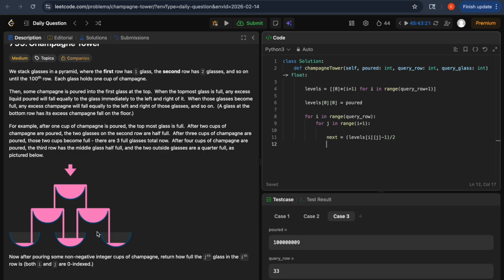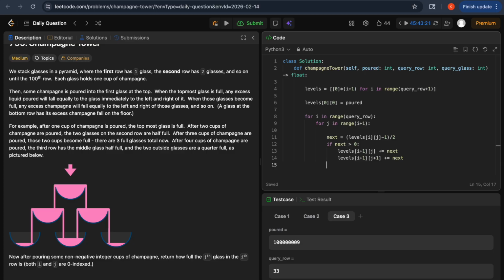So if next is greater than 0, then what you do is levels of I plus 1 and j will be incremented by next, followed by levels of I plus 1 and j plus 1 will also be incremented by next, right?